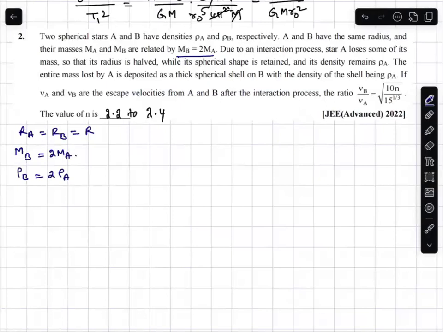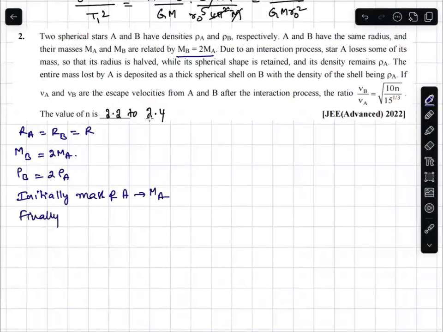Due to an interaction process, star A loses some of its mass so that the radius is halved. Which means earlier it is a ball of radius R taking mass MA. Now it becomes a ball of mass MA by 8. Initially, mass of A is MA.